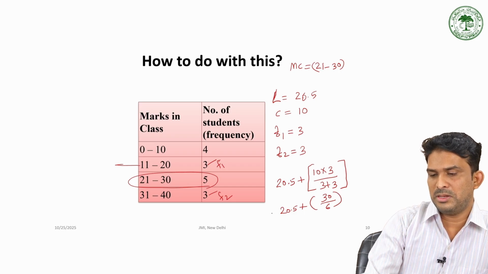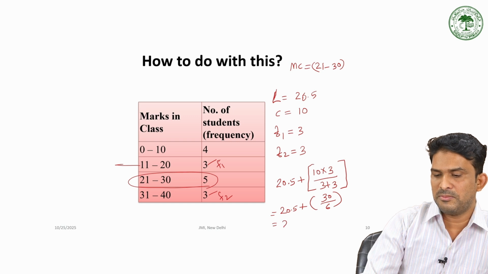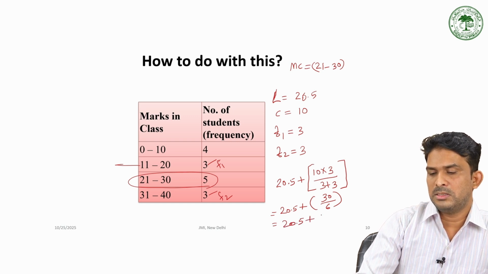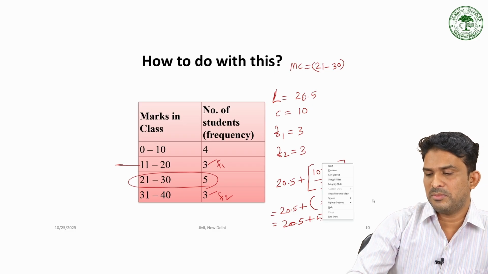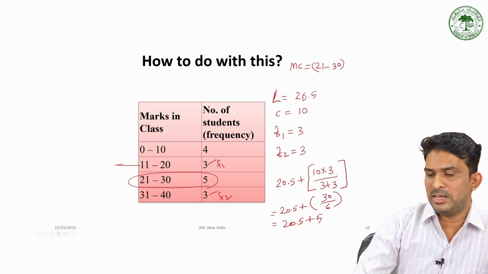What is the value here? We are getting 20.5 plus 30 by 6 is 5. Got it? So very clear, we got the mode as 25.5.